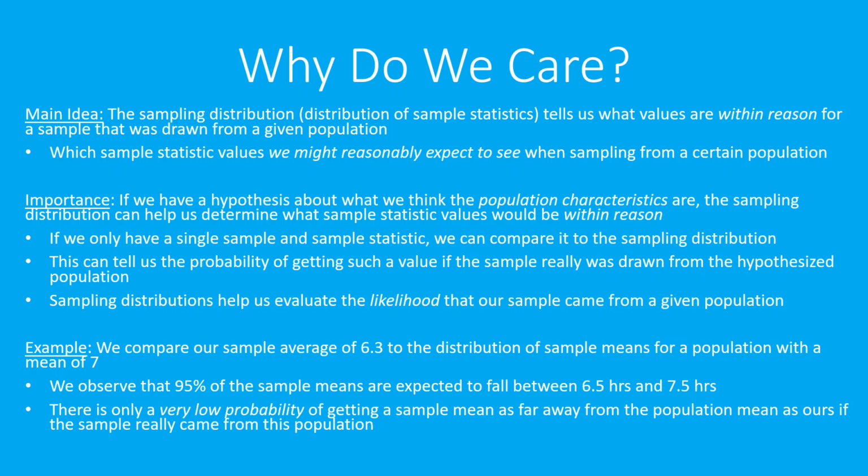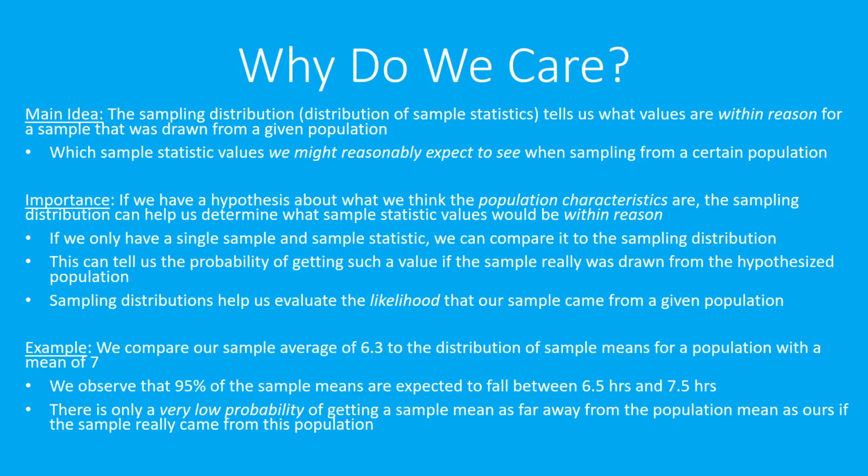And if we only have a single sample and sample statistic, we can compare that sample statistic that we've calculated to the sampling distribution, and this can tell us the probability of getting a value like the one we got if this sample really came from this population that we think of.